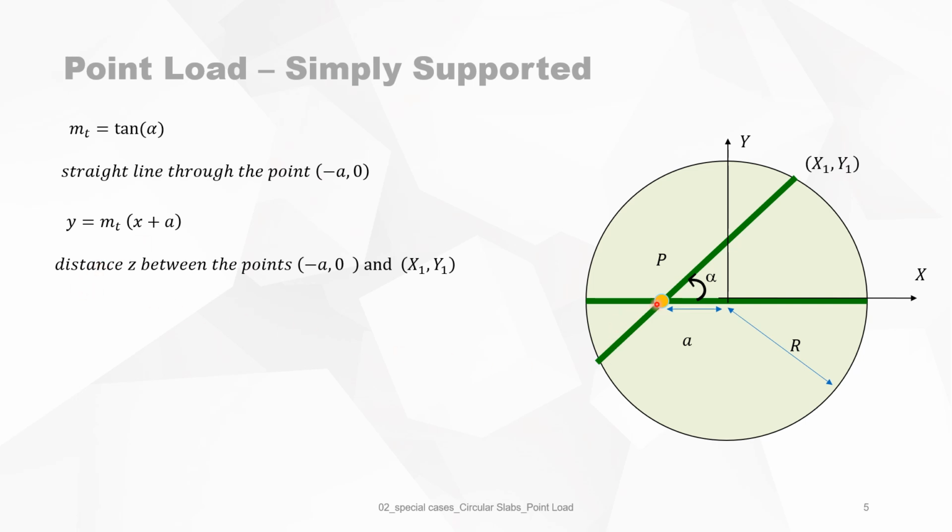And now we are interested in the distance between this point P and the point on the circumference of the circle. This distance z is equal to the square root of (x1 plus a) squared plus y1 squared.